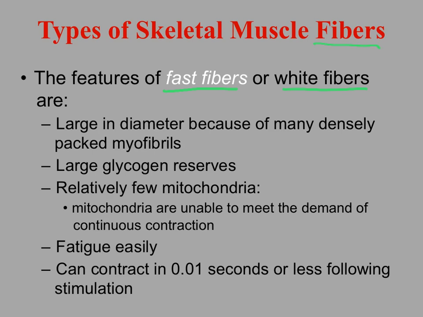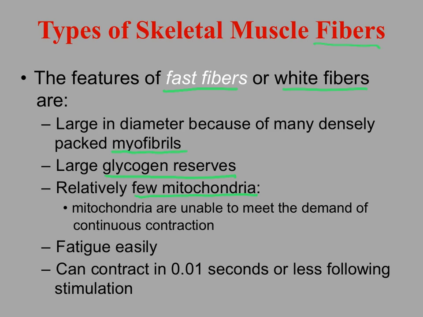White muscle fibers are larger in diameter than red muscle fibers because they have very densely packed myofibrils, so a lot of contractile structures. This makes these muscles really thick. They have large glycogen reserves, so you've got near immediate amounts of glucose on hand, but they only have a few mitochondria.